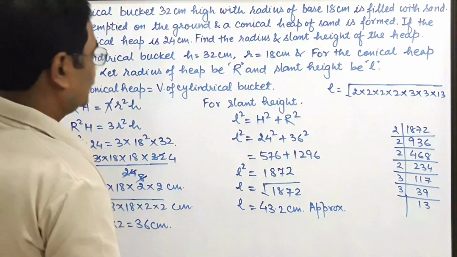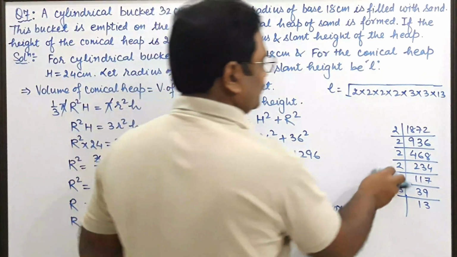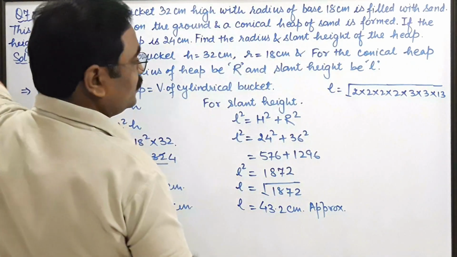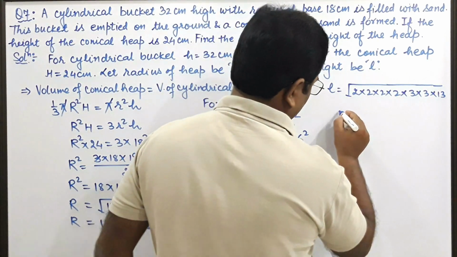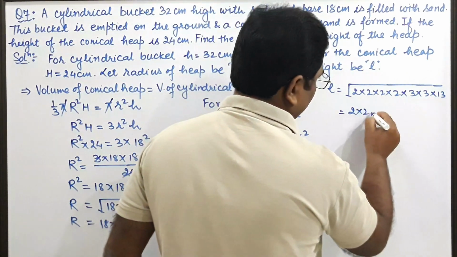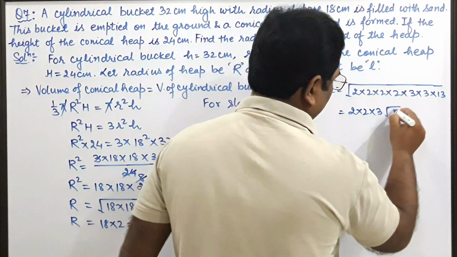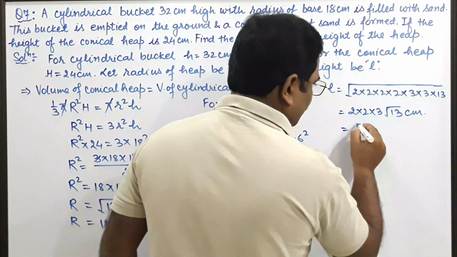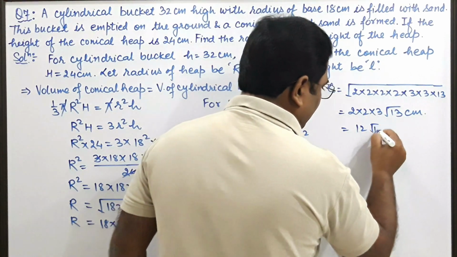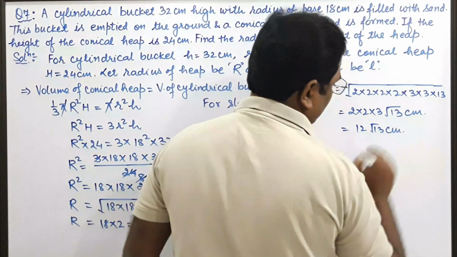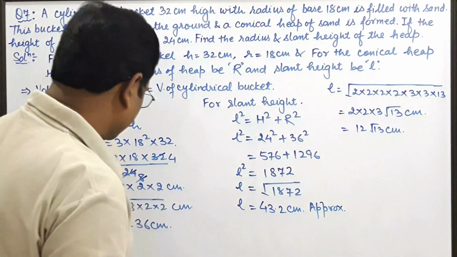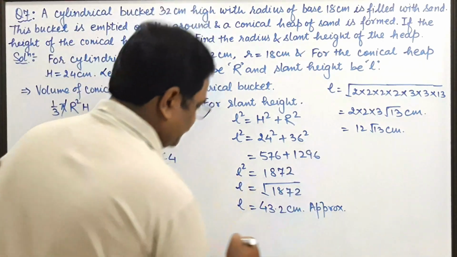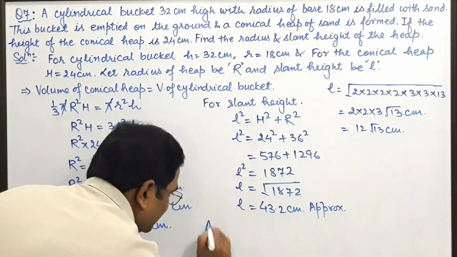Therefore this number can be written as square root of this, which will be 2 multiplied by 2 multiplied by 3 under root 13 centimeter. That is equal to 2 2s are 4, 4 3s are 12 under root 13 centimeter approx. So we got the answer. The radius of heap is 36 centimeter and the slant height is, so we can write the answer of our question.